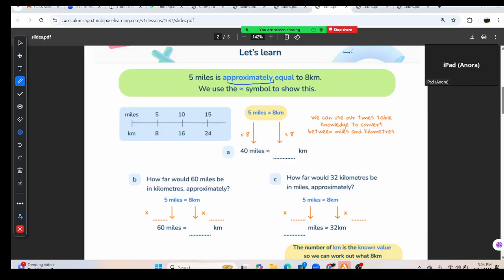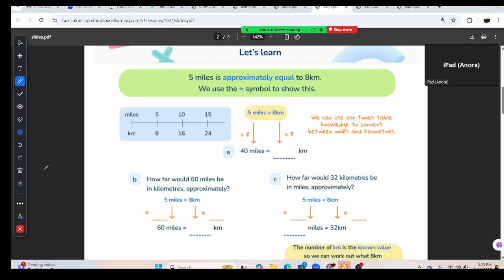So for equal to we put this sign, okay? But for approximately we put this sign. Whenever the sign is like this, it means this is an approximate value. So we can write 5 miles approximately equal to 8 kilometer.